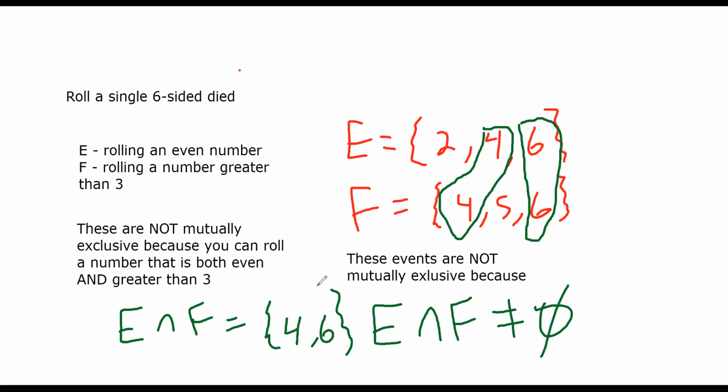If they were mutually exclusive, they would have nothing in common. For instance, if E was the set of all even numbers and F was the set of all numbers less than 2, there'd only be one thing in F, just the number 1, and they have nothing in common. So in that case, they would be mutually exclusive.